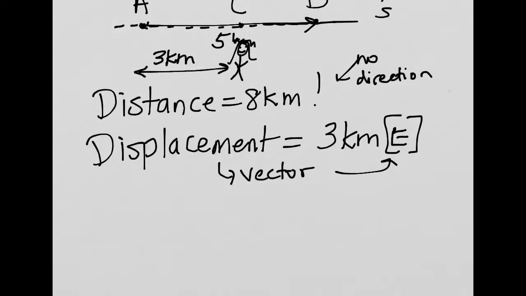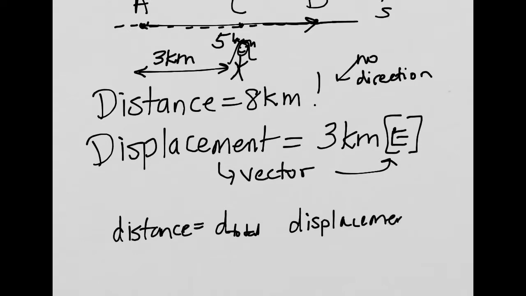So when we distinguish the two from each other with letters or symbols, distance is often written as just d total, and displacement is called delta d, and it has an arrow on top.